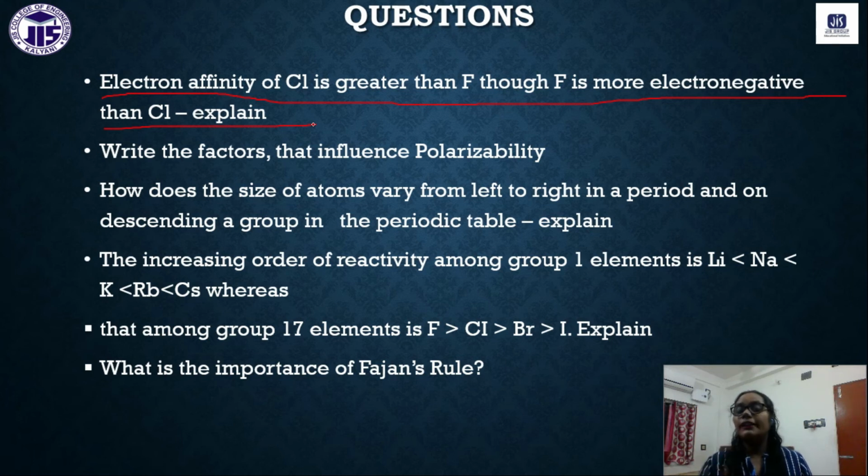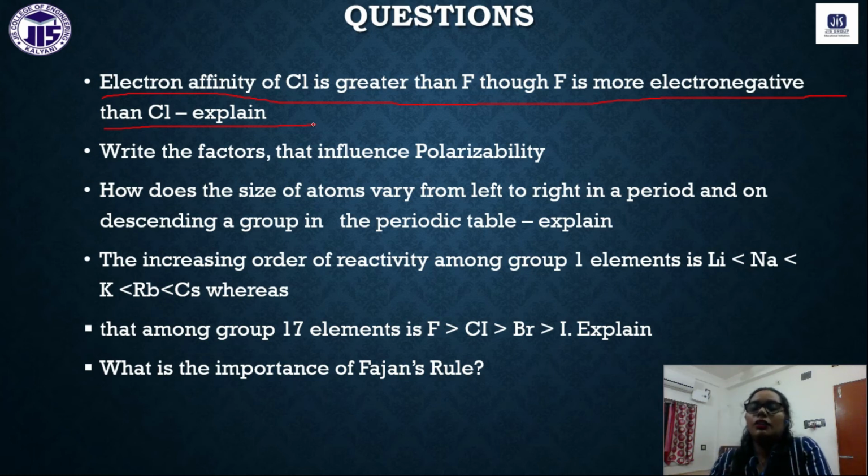That is called the polarizability. If the polarizability is higher, that means the distortion of the electron density, or delocalization of the electron density towards the cation, will be higher. Okay. So this is called the polarizability.